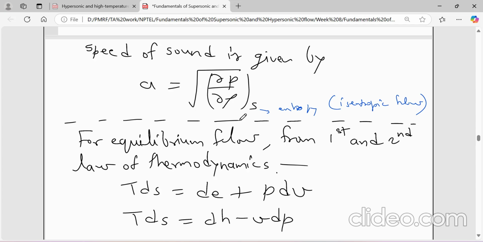Now we'll see the derivation. For equilibrium flow, from the first and second laws of thermodynamics, TdS equals dE plus PdV. In the first law we have substituted dq equal to TdS.